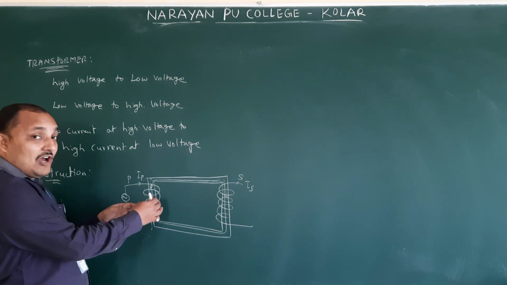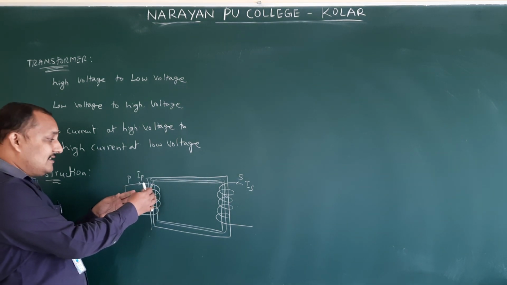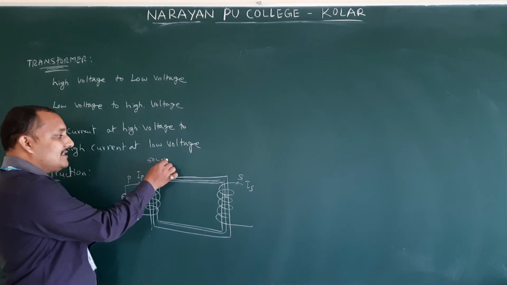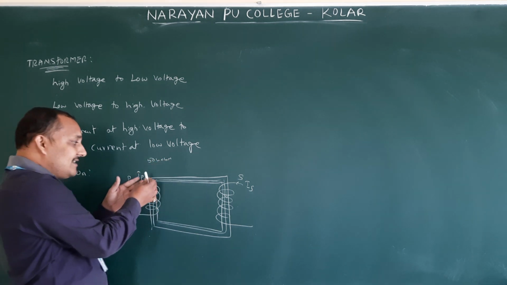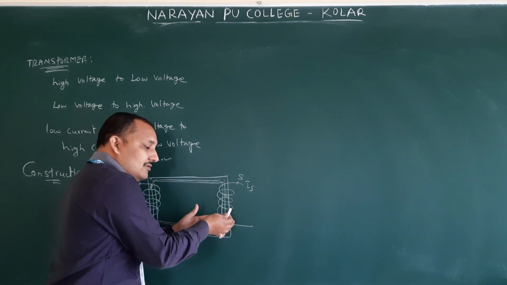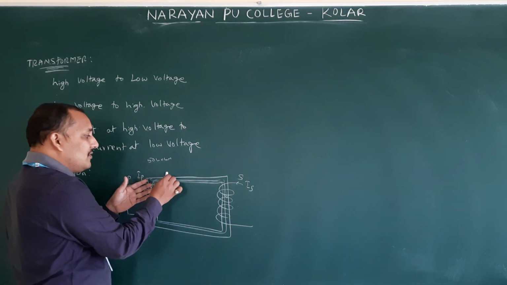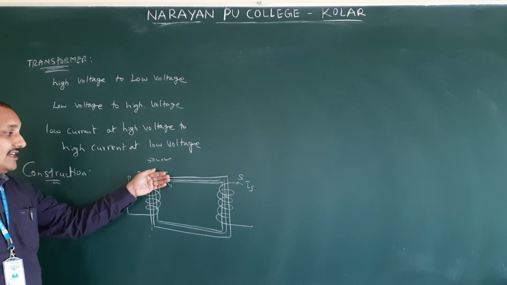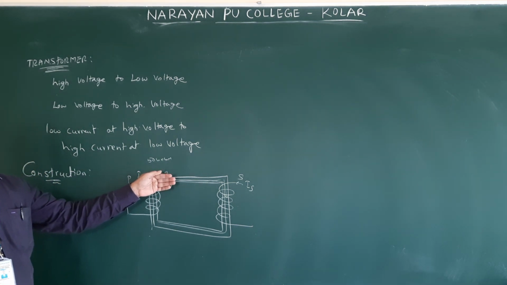In this, losses will be there. Losses means, let us assume a total flux of 50 Webers got produced. Some amount of this flux may be lost. We eliminate that by using lamination for this transformer.